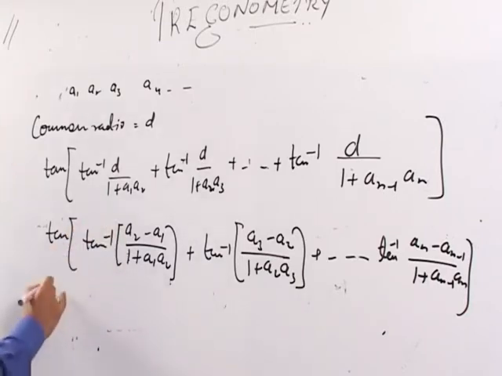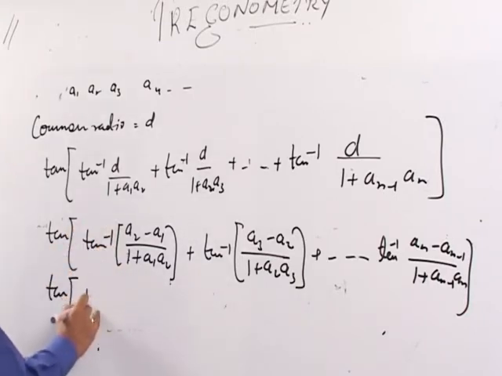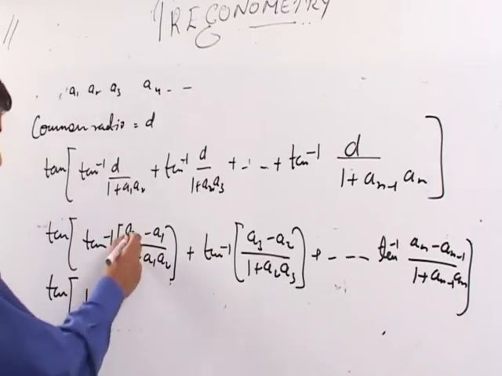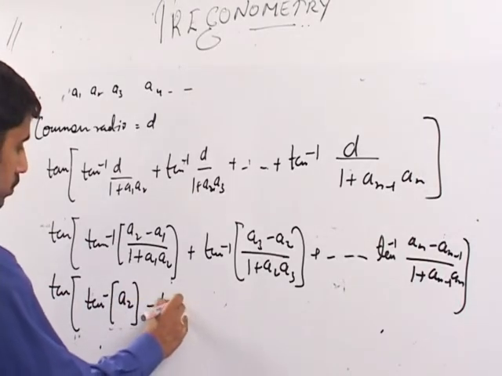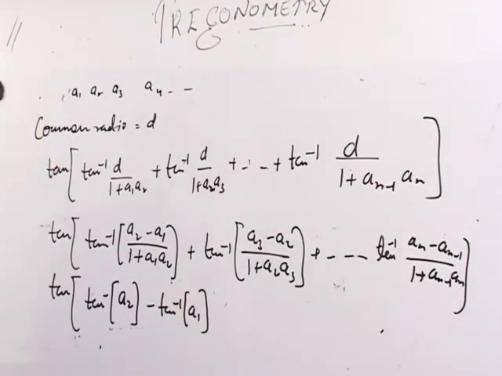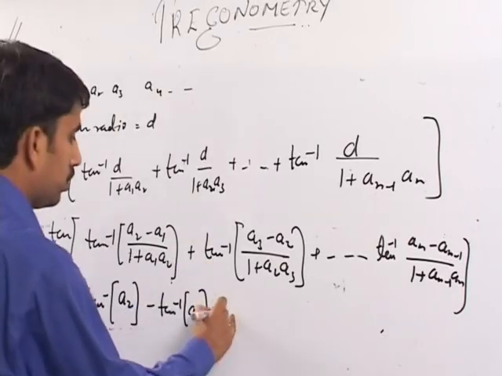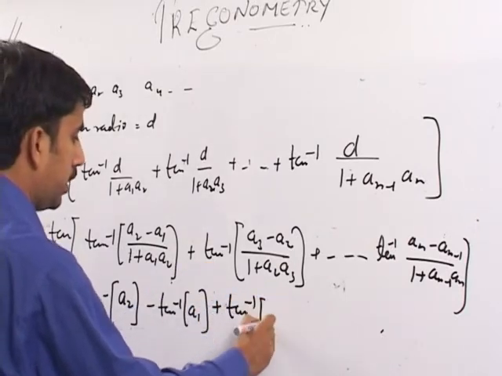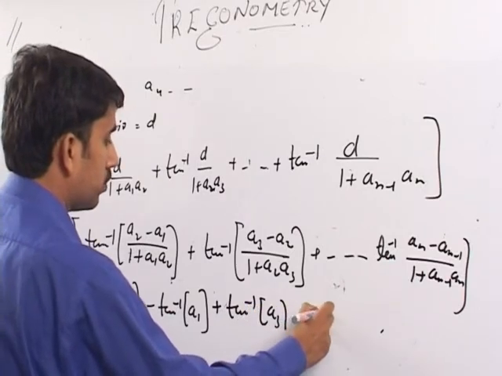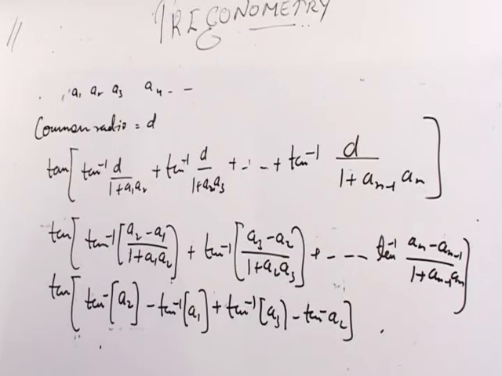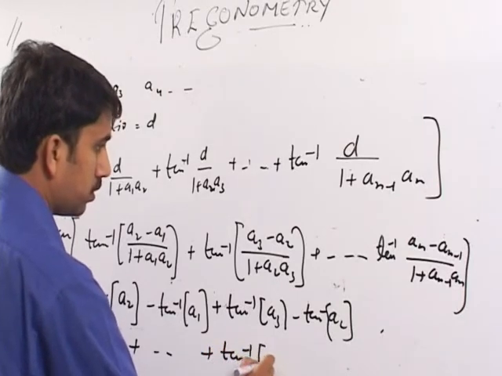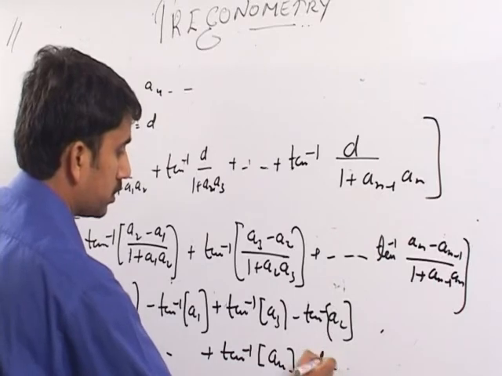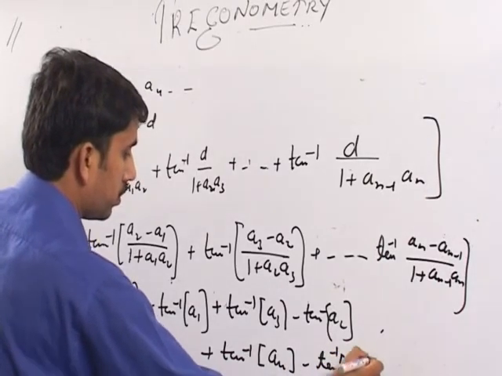If you put tan A tan B here, then you will get tan inverse of A2 minus tan inverse of A1, plus tan inverse of A3 minus tan inverse of A2, and so on, up to tan inverse AN minus tan inverse AN minus 1.